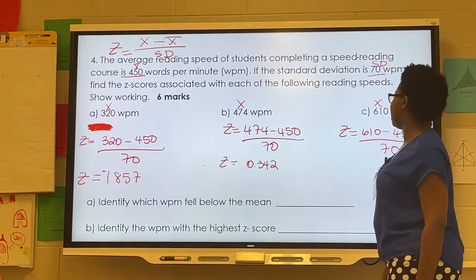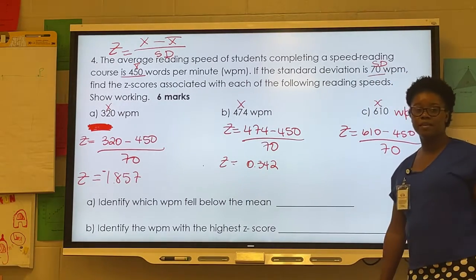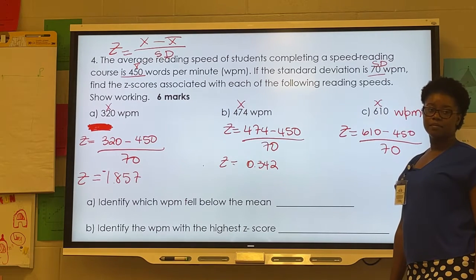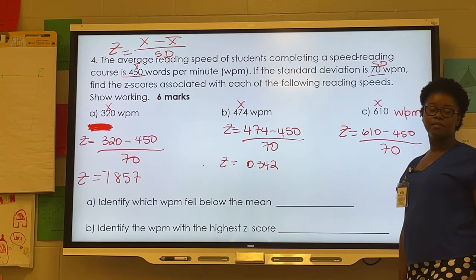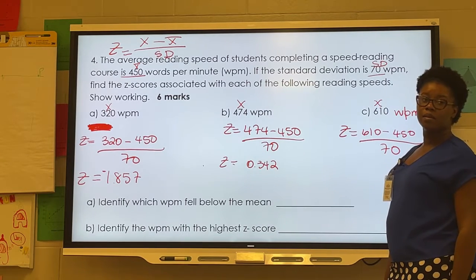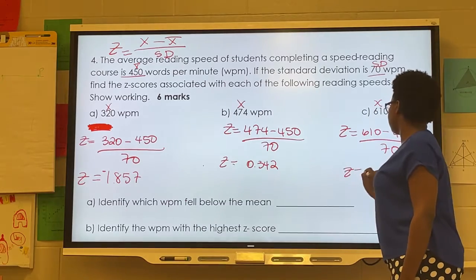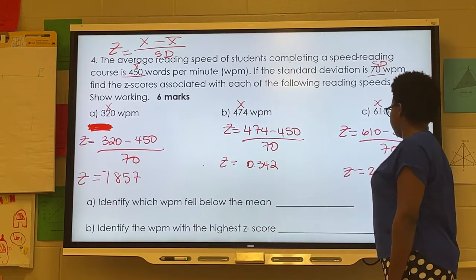The next one says 610 minus 450 divided by 70. So Z is equal to 2.285.